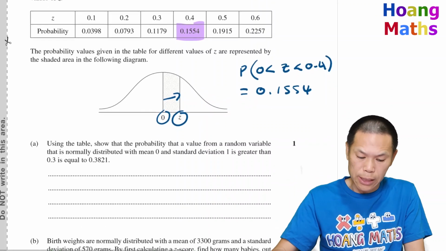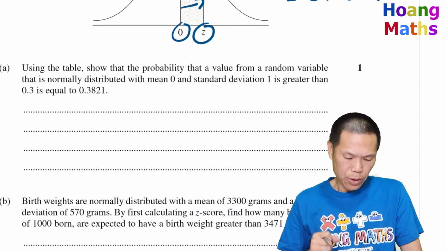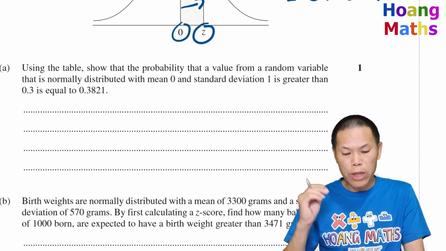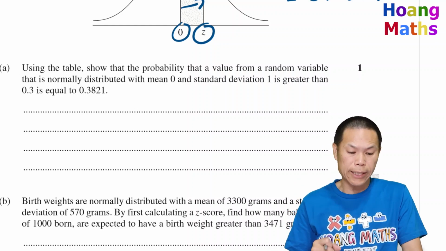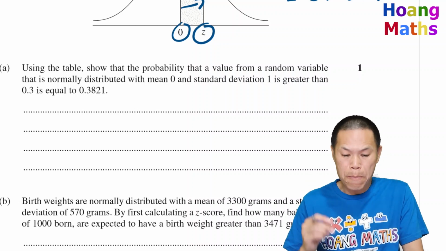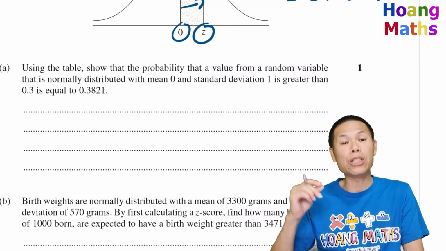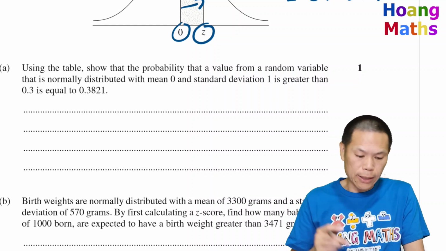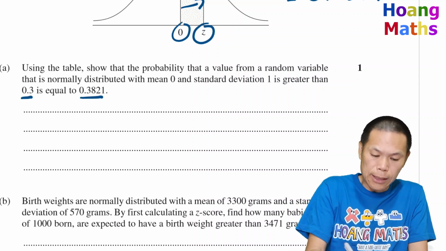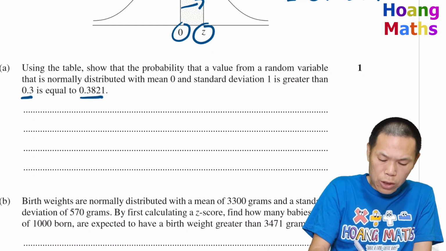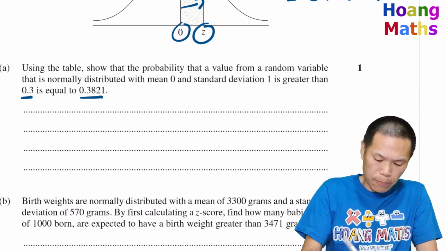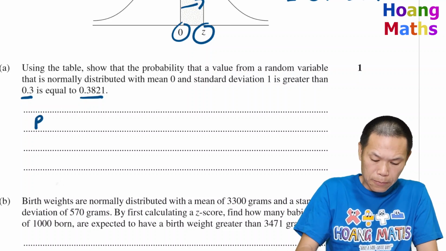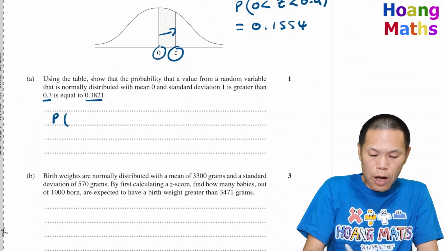Now the question. Part A, using the table, show that the probability that a value from a random variable that is normally distributed with a mean 0 and standard deviation 1 is greater than 0.3 is this. In other words, we need to work out the probability of z greater than 0.3.